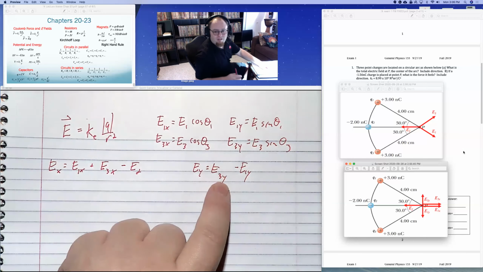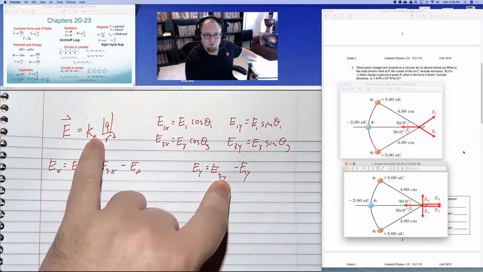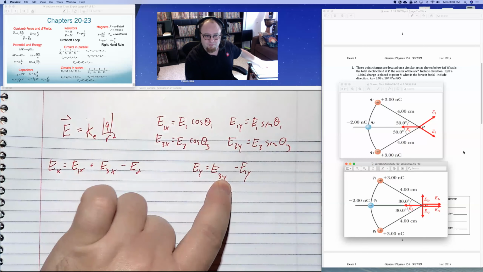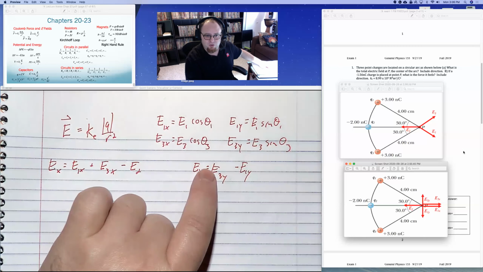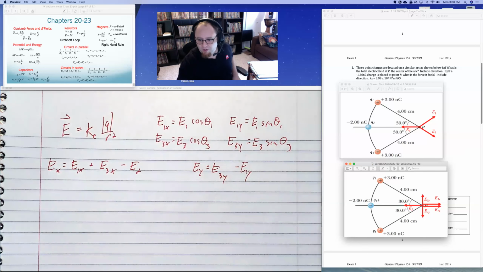But let's look at this guy right here. If I look at this, E is going to be keQ over R squared, right? Well, that means this is going to be keQ sine theta over R squared and keQ sine theta over R squared. But both 1 and 3 have the same charge, and they're both the same distance from P, and they're both at the same angle.